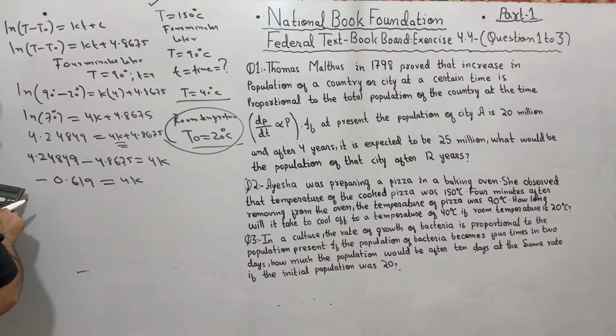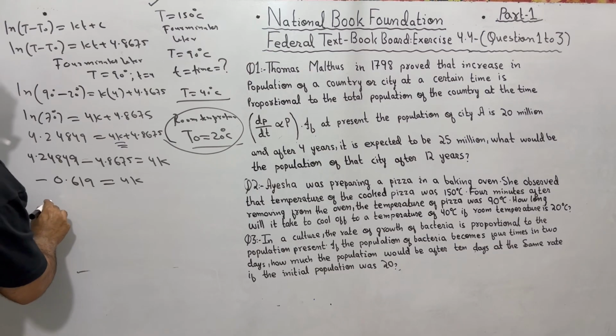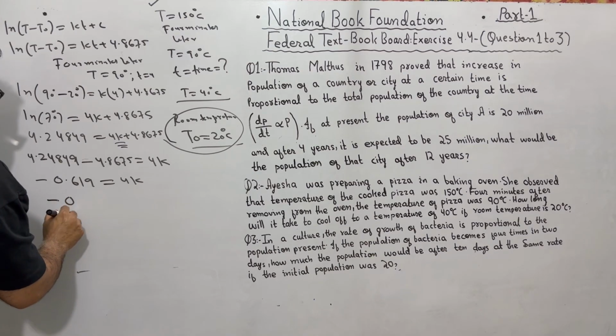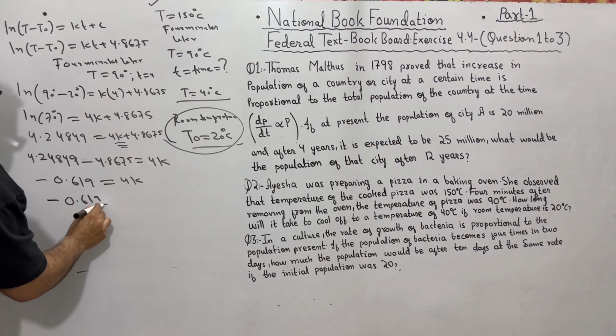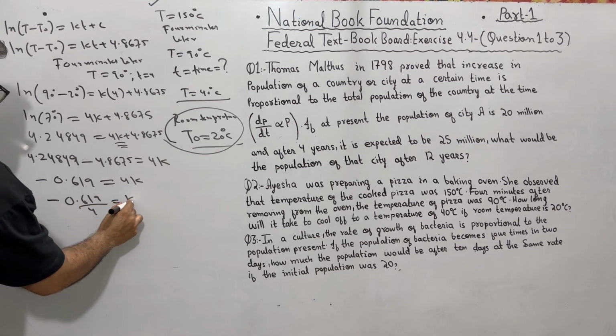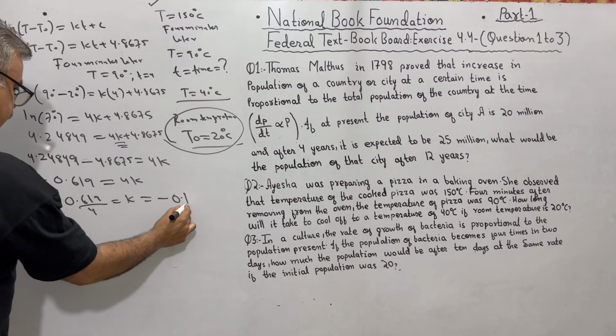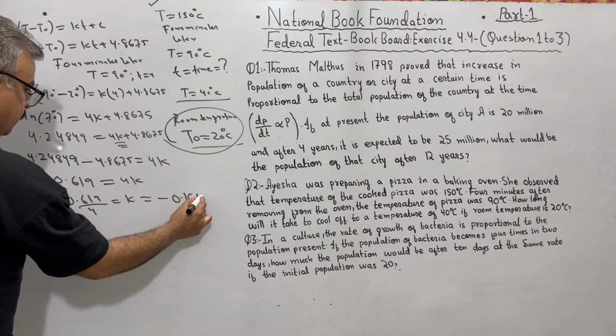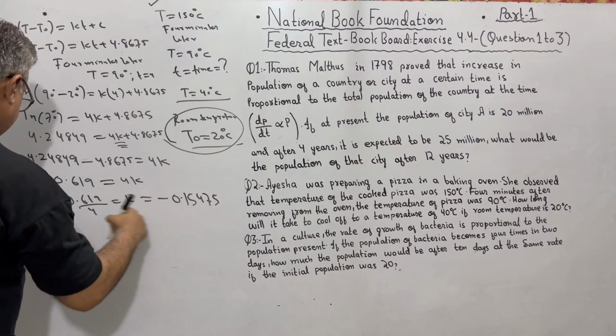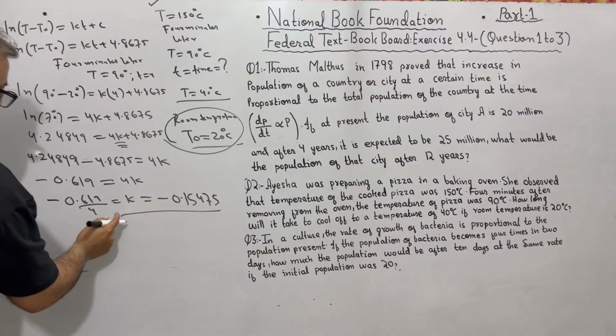Dividing by 4, k is equal to negative 0.15475.